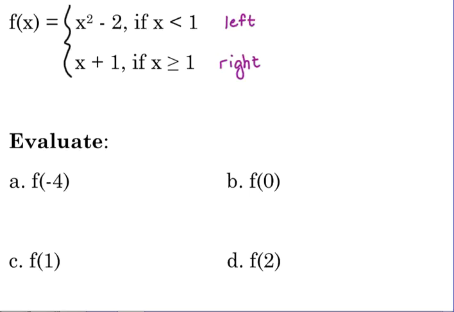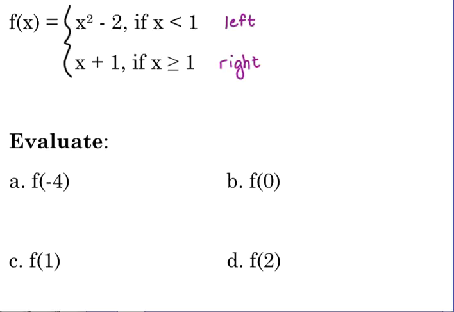We're going to get to graphing it in a minute, but before we do that, let's just look at evaluating. Okay, so if I just asked you to evaluate f of negative 4, what do you do with the negative 4? You plug it into the function, everywhere you see x. Well, we don't want to plug this into both pieces. This is where the inequality comes in. We've got to figure out where this x value falls in our inequality. So negative 4, is it less than 1 or is it greater than or equal to 1?